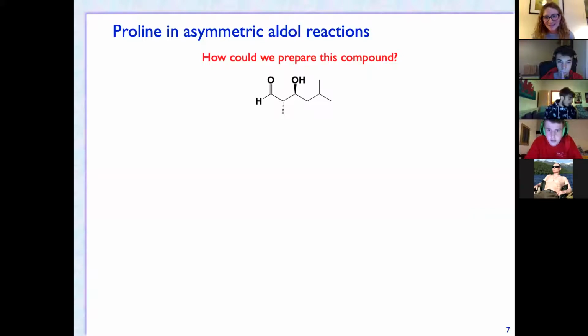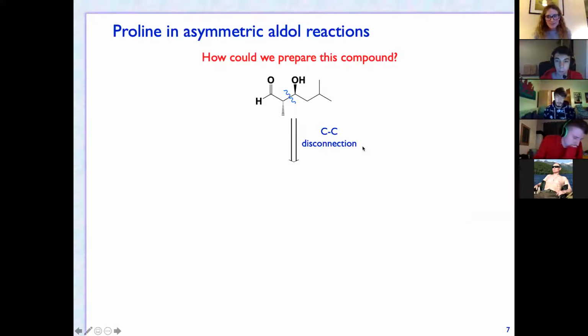Yes, exactly. So we can break the molecule here, correct? And which would be our starting materials? That'd be the methyl group.